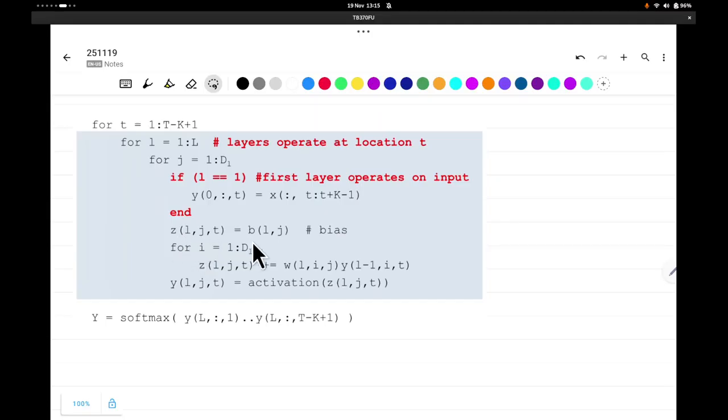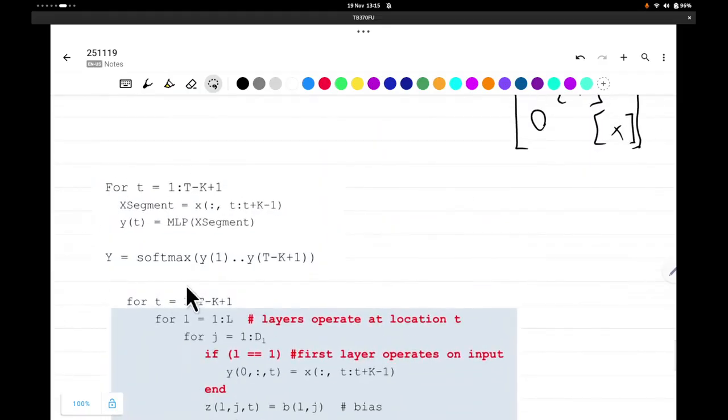So we calculate the affine transformation here, and then we use the activation in order to get the y at each layer, going over all the layers. At the last layer, we evaluate the softmax. So it is exactly what is written here. I've just expanded what MLP of X segment means.